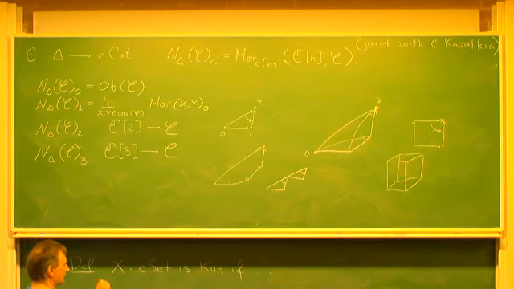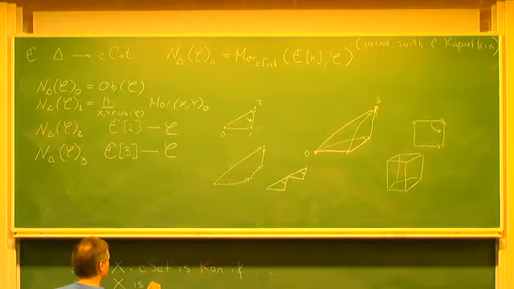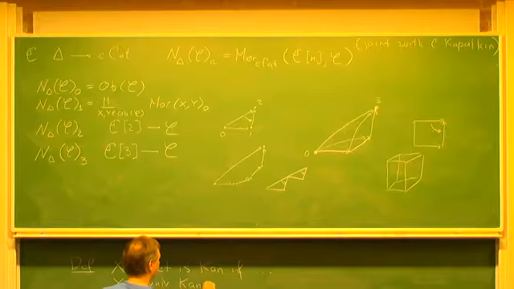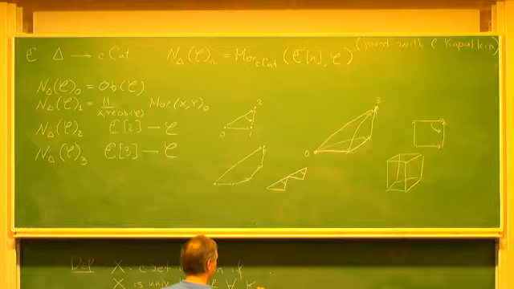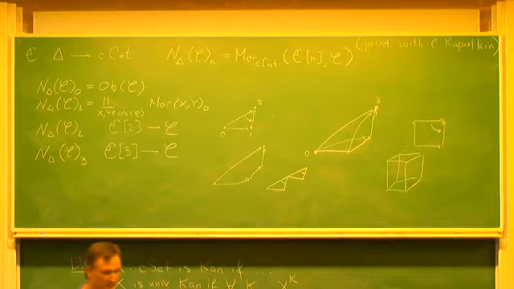And I also want to add here X is universally Kan if for all k, X to the k, the function cubical set, is Kan.